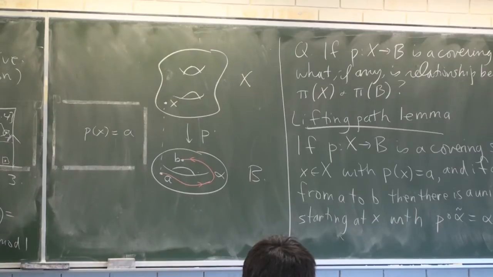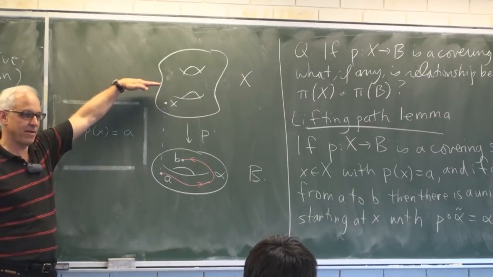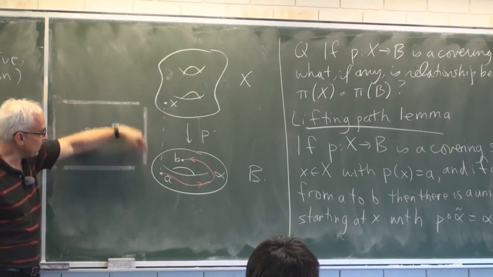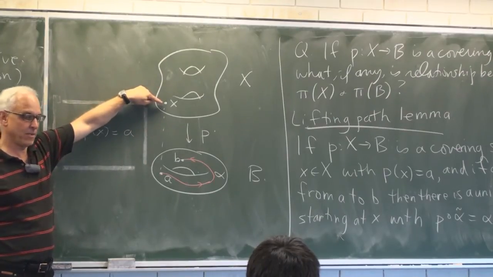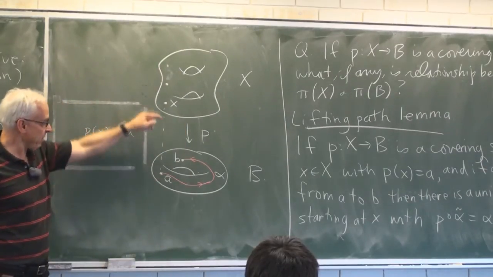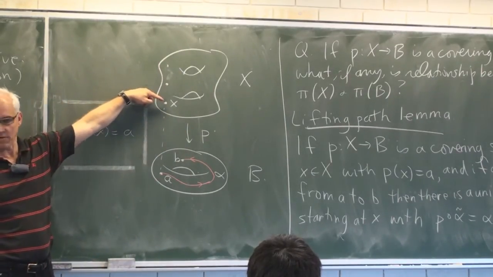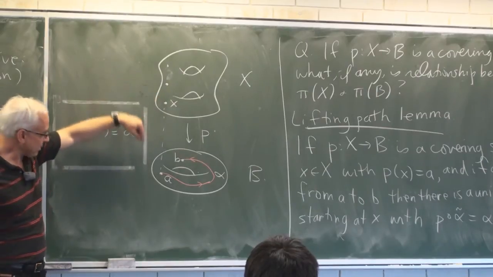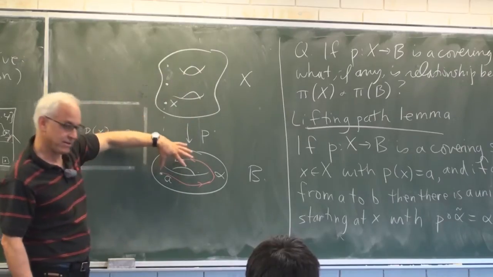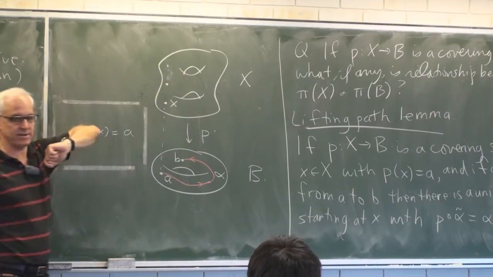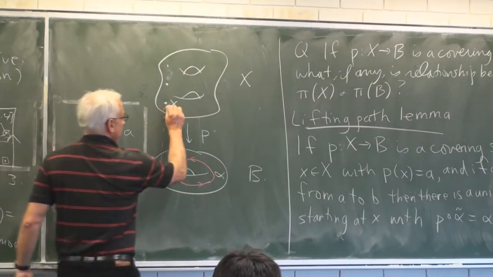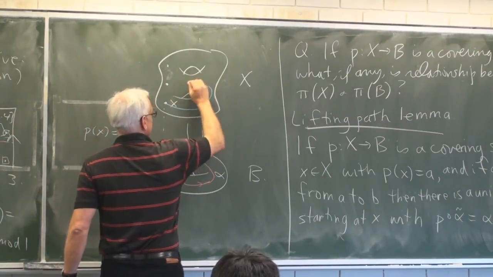Okay, what we want is to lift that path to the covering space, and we want to lift it so that it starts at x. There might be other points lying above A, and typically there will be, but we've chosen that particular point lying above A. And we want to lift this path alpha to a path in X which is right above it, which starts at x. So the claim is there's a path, and we'll draw it like this, roughly diagrammatically.